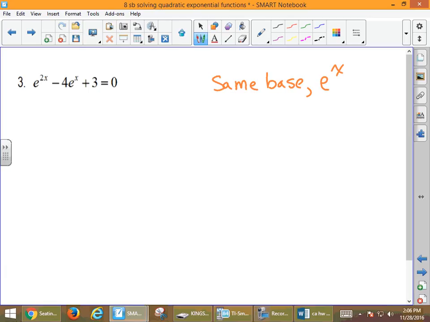So step 2 then says let's let u equal e to the x. Again, if you don't like the letter u, use something different, not x, not e. But when we rewrite the problem, again, if you prefer, you can rewrite e to the 2x as e to the x squared minus 4 e to the x plus 3.